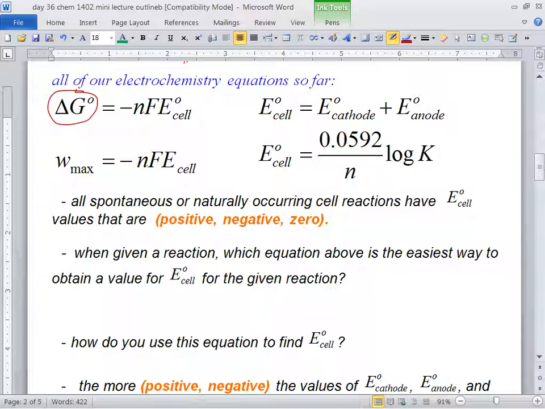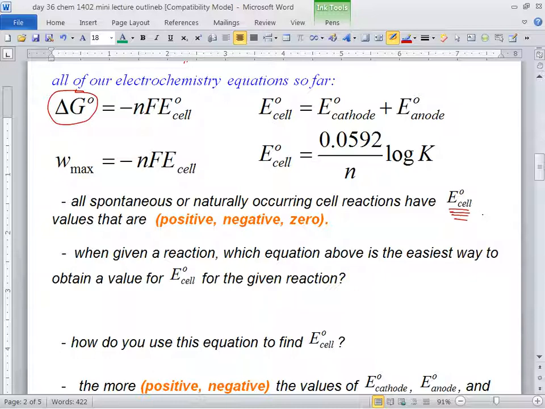And delta G had to be what? Positive, negative, or 0. Those are your choices. It was negative. It was delta G being negative, right? So if delta G is negative, Andrea, E0 cell had better be what to get a negative delta G?